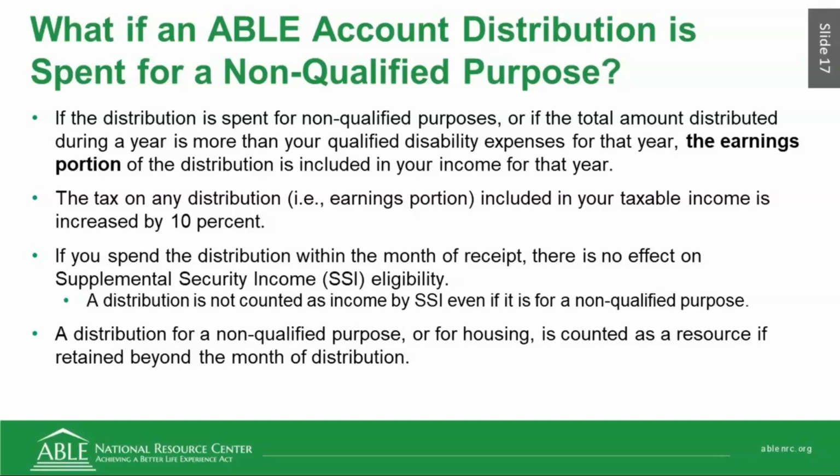Clearly, that's not for the person with disability, not the account owner. Or if the total amount distributed during a year is more than the qualified disability expenses for that year, the earnings portion of the distribution is included in your income for the year. I'll come back to what that means in a second. And then the tax owed on the distribution, that is the earnings portion included in the taxable income, is increased by 10%.